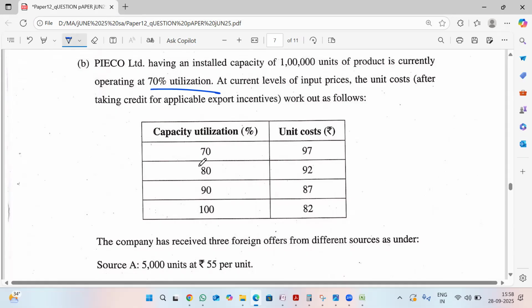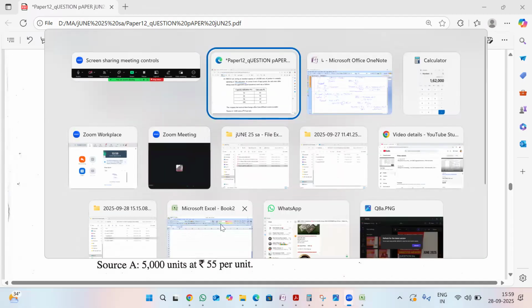If I'm operating at 80 percentage, that is for 10 percentage differential capacity, my cost is going to be reduced by 5 rupees per unit. So now I'm going to find out differential cost, because if my company is operating at another level of capacity, my cost will change, right? So first I want to calculate my differential cost.